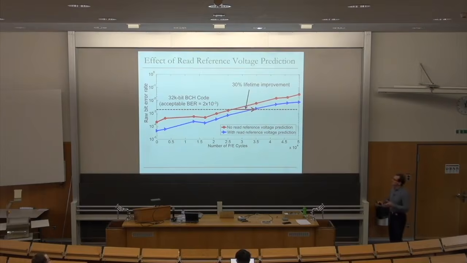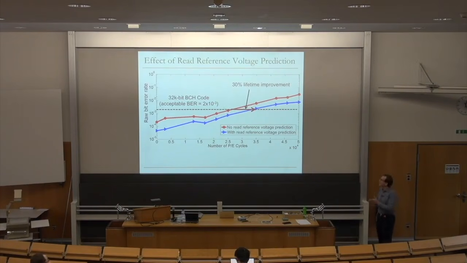This is interesting. Basically, this shows that your ECC gets you only so much. If you have other error reduction mechanisms, in this case read reference voltage prediction, you make more out of your ECC. Your ECC has a certain capability. How you use it depends on how many errors you really require to be corrected by the error correction code mechanisms. And this goes back to our discussion that we had before.